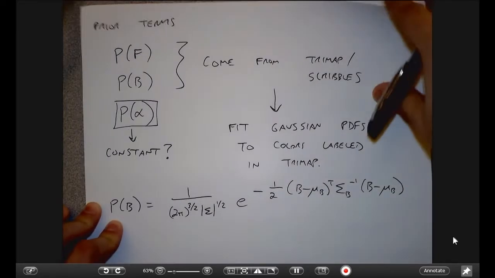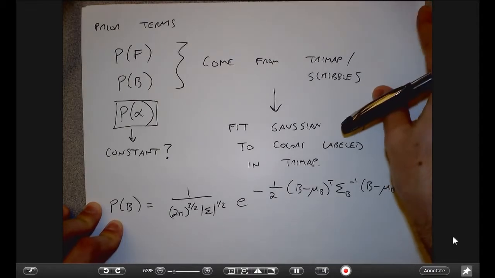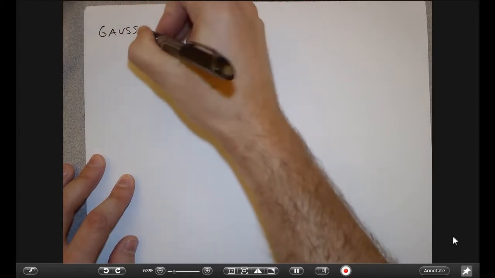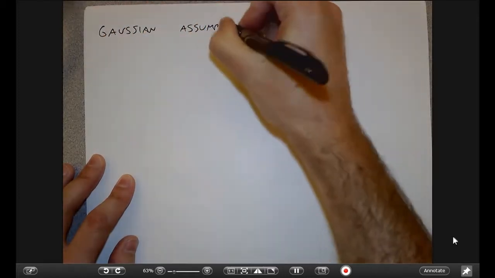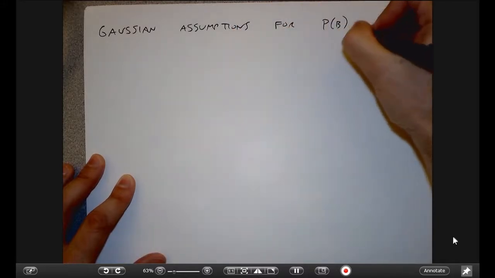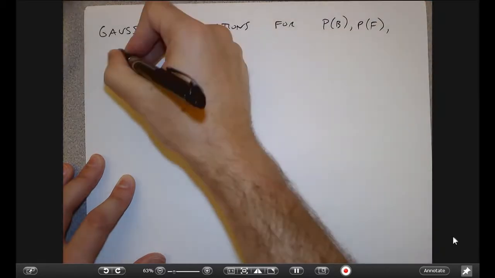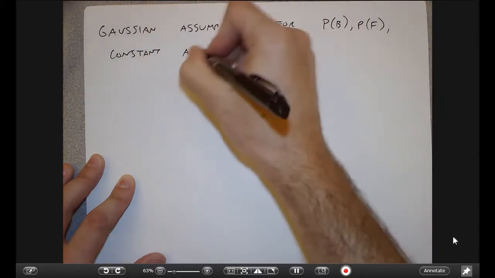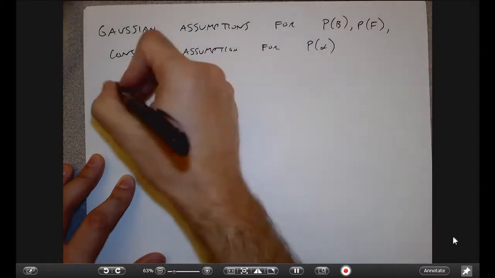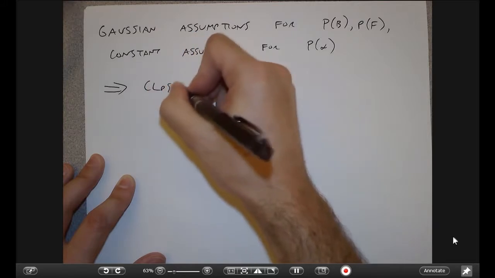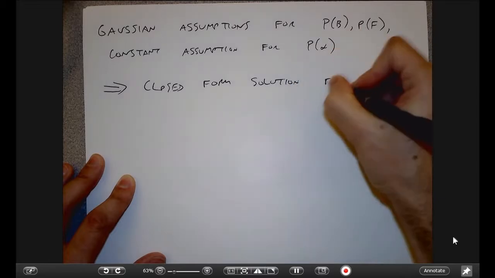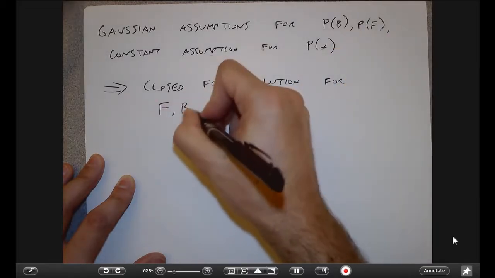So let me just write over here that the Gaussian assumptions for these guys and the constant assumption for the alpha lead to a nice closed form solution for F, B, and alpha.